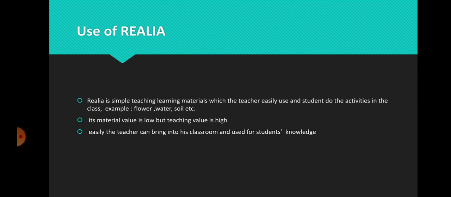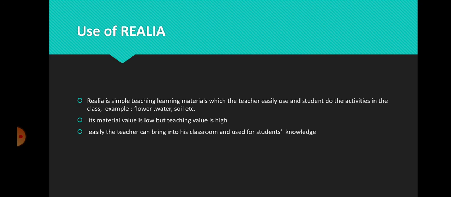RALIA is simple teaching learning material, which the teacher easily uses and the students do the activities in the class. For example, sometimes a teacher can bring a flower related to his or her topic, or also a bucket of water, also some soil.